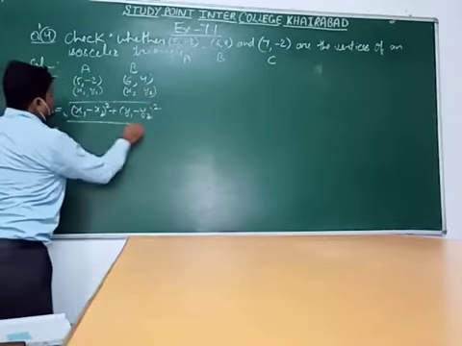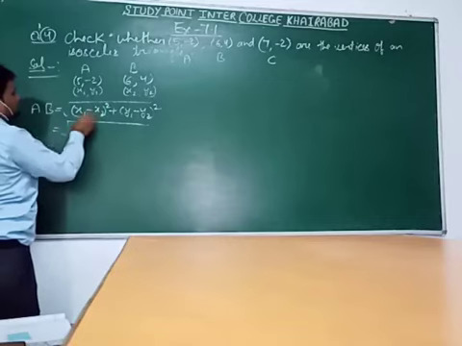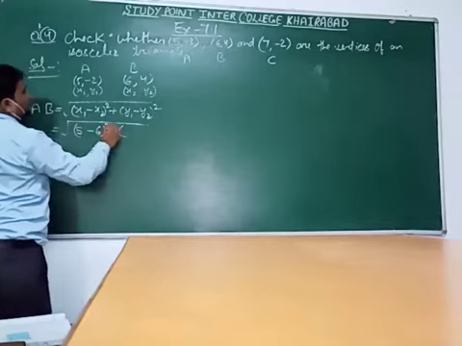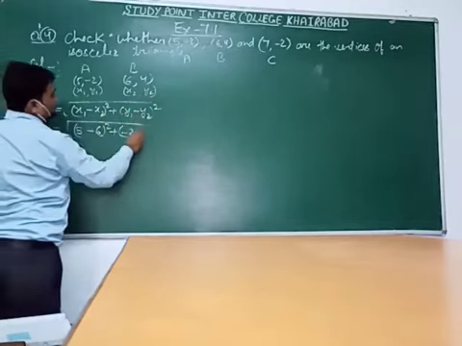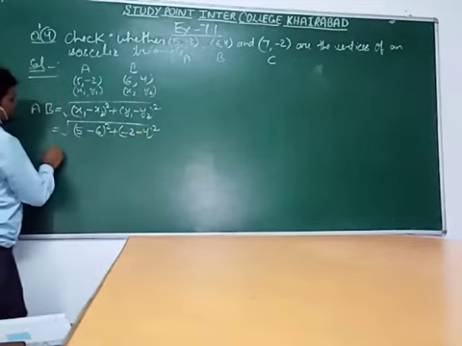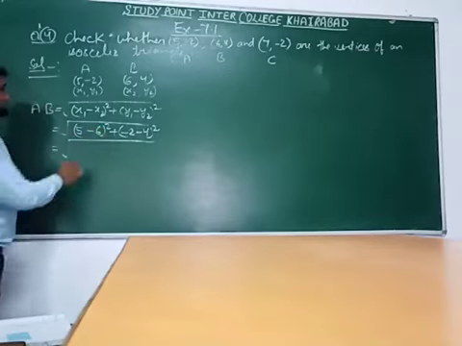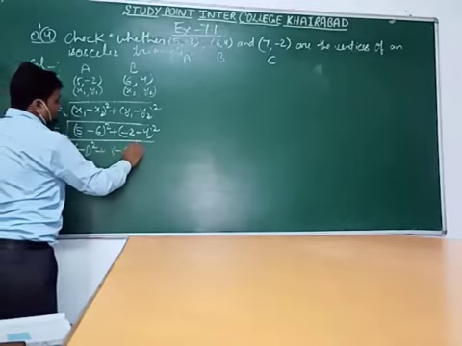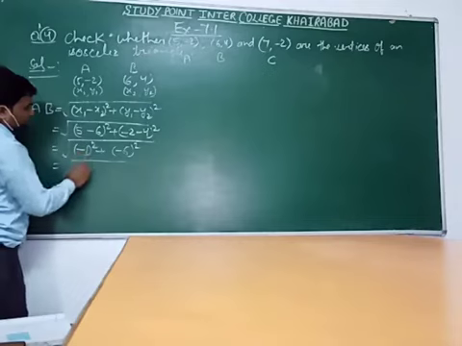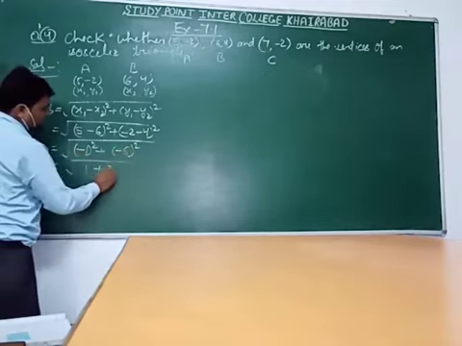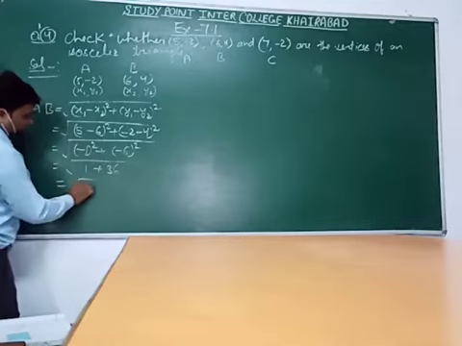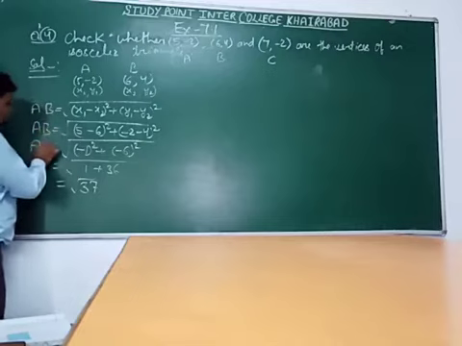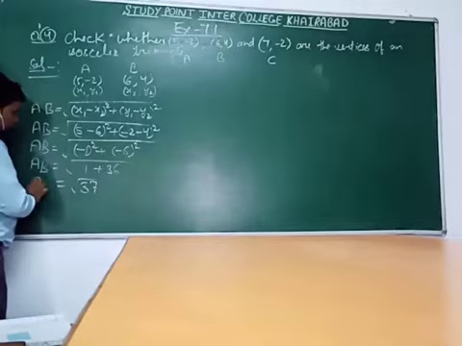Here x1 is 5 minus x2 which is 6, so (5 minus 6) whole square, plus y1 which is -2 minus y2 which is 4, so (-2 minus 4) whole square. 5 minus 6 is -1, square is 1, plus (-6) square is 36. So AB equals root 37.